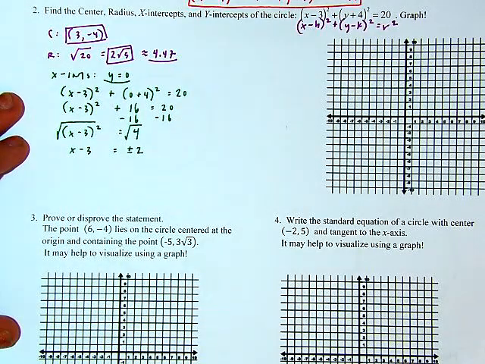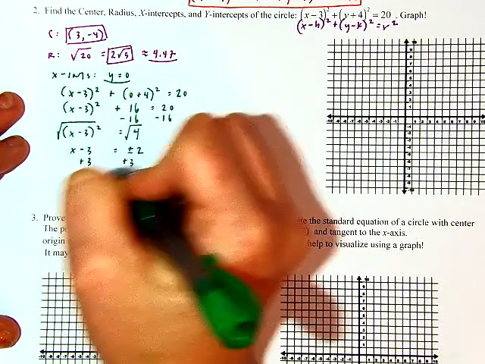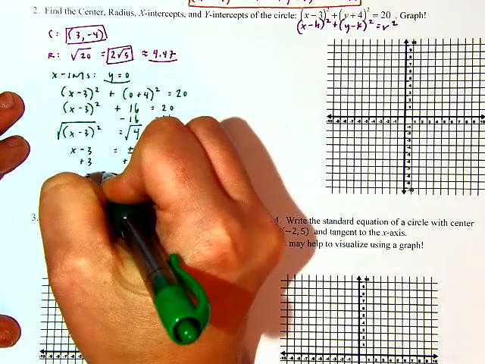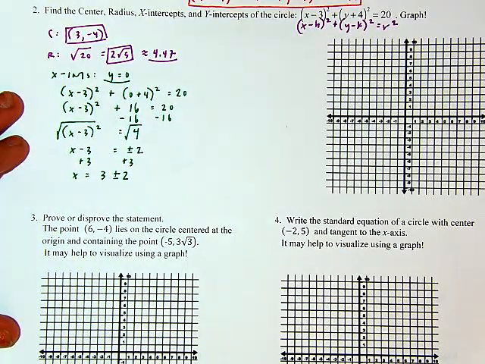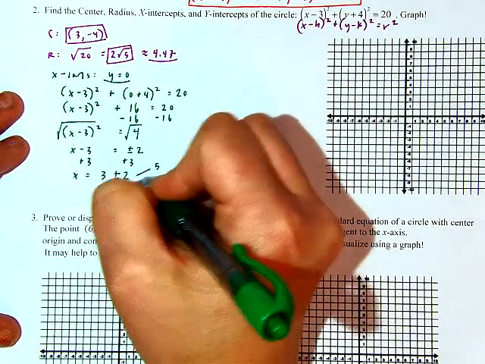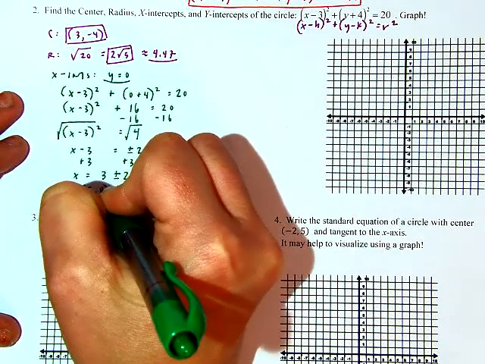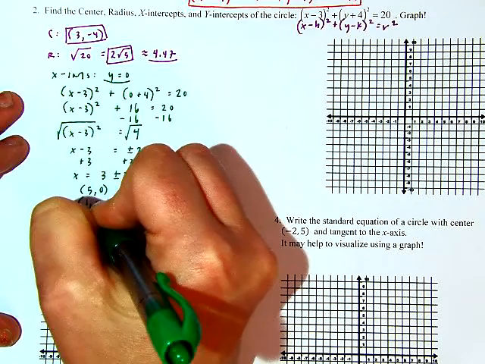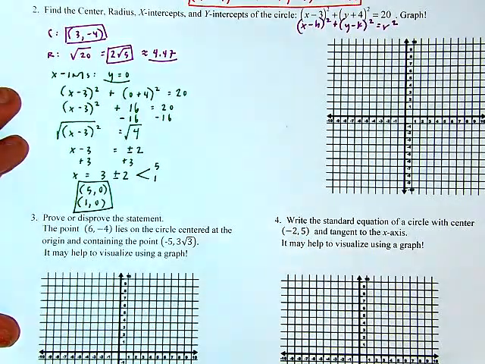I can add that 3 to the other side. So x is going to be equal to 3 plus or minus 2. So 3 plus 2 will be 5, and 3 minus 2 will be 1. So as points, I would say 5, 0, and 1, 0. Those would be the two x-intercepts.